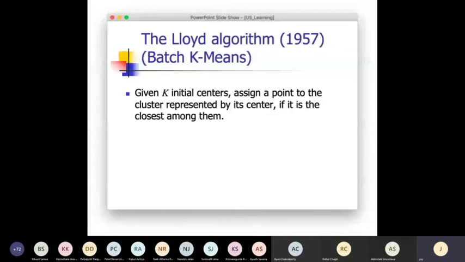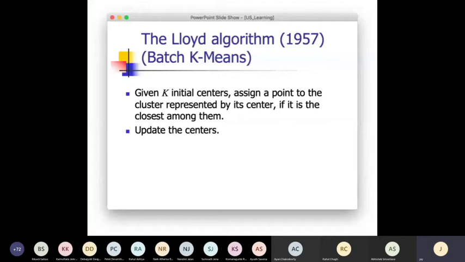It starts with an initial partition and iteratively refines it to get smaller and smaller sum of squared errors, and finally it converges to a local minimum in that error space, and that is your solution. It does not guarantee the global minimum, but starting from some point and using these updates, it converges to a local minimum. So this is the idea.